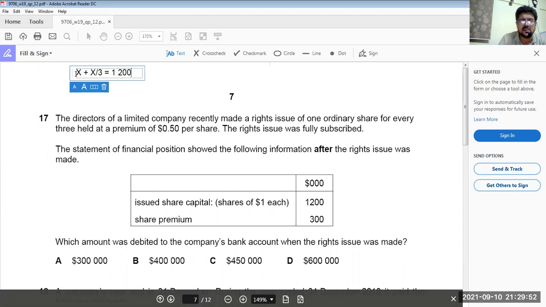The total issue is 1,200. I'm not writing the 1,000 figures. If you take the LCM, the answer would be 3x plus x.